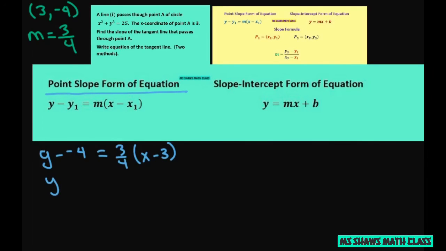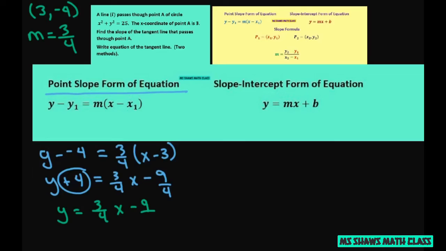This will be y plus 4 equals 3/4 x minus 9/4. Now I'm going to subtract this 4 from both sides. When I subtract the 4, I'm really subtracting 16/4 because I need the same denominator. So we get y equals 3/4 x minus 25/4.